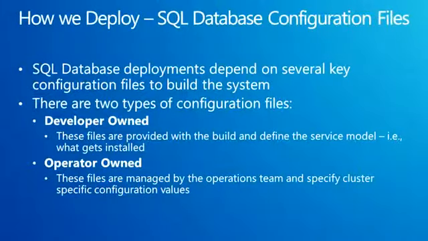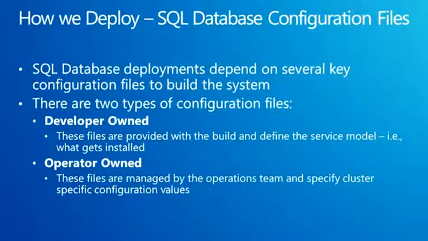SQL Azure database depends on several different types of configuration files. All of the deployments depend on several key configuration files in order to build the system. There are two general types of configuration files. There are those that are developer-owned, and these are provided with the build as referred to before.